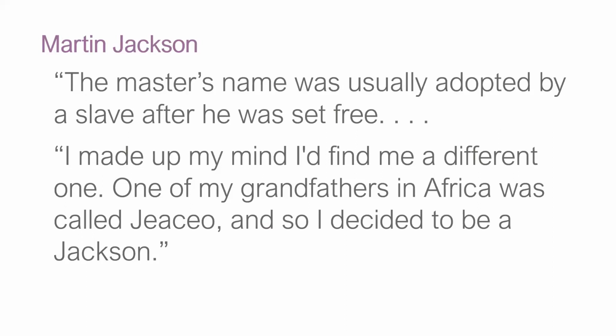Also, the government seemed to be in an almighty hurry to have us get names. We had to register as someone so we could be citizens. Well, I got thinking about all us slaves that was going to take the name Fitzpatrick. I made up my mind I'd find me a different one. One of my grandfathers in Africa was called Jackio, and so I decided to be a Jackson."